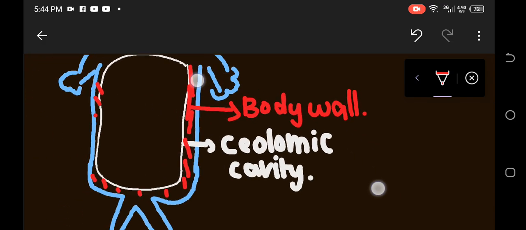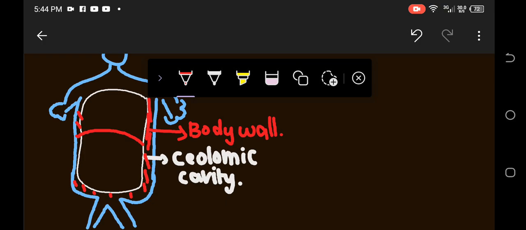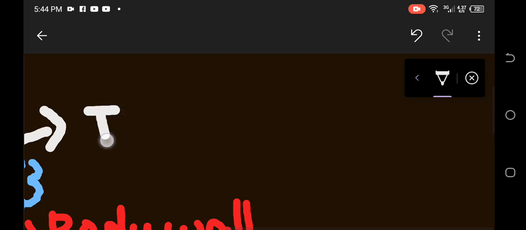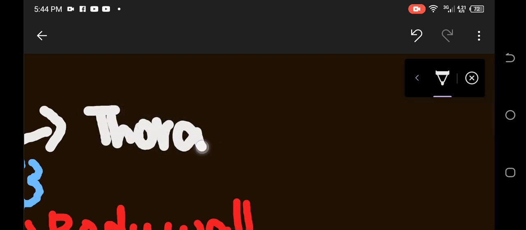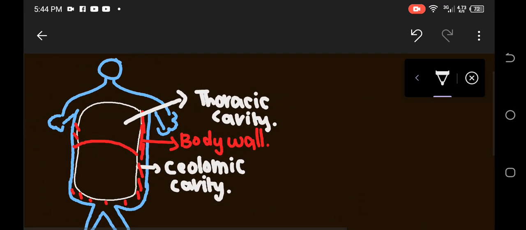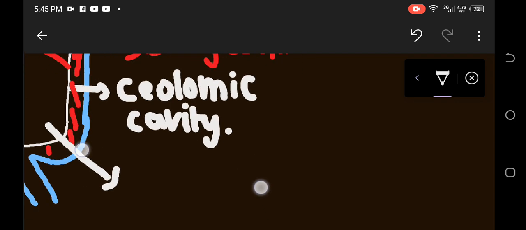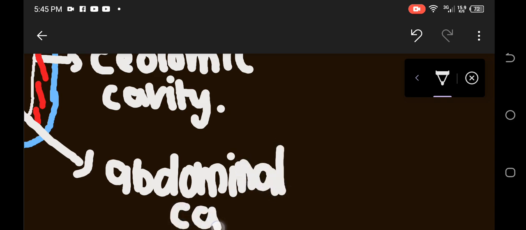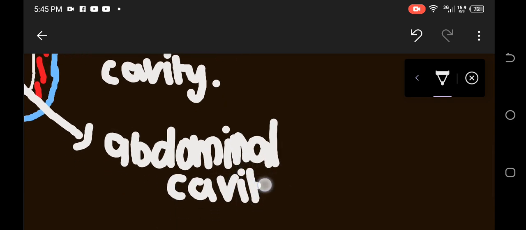Now the coelomic cavity is basically divided into two sides. The upper side is known as the thoracic cavity, and the lower side is known as the abdominal cavity.